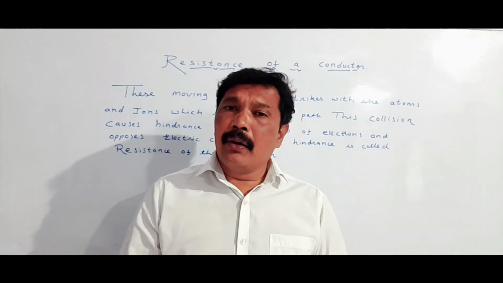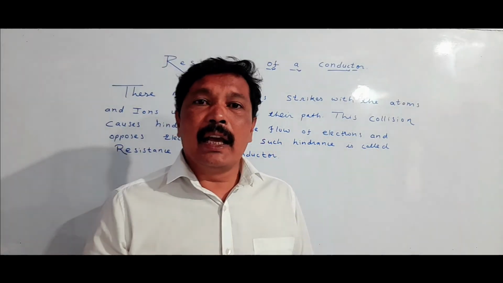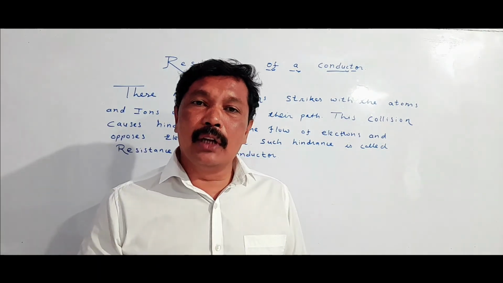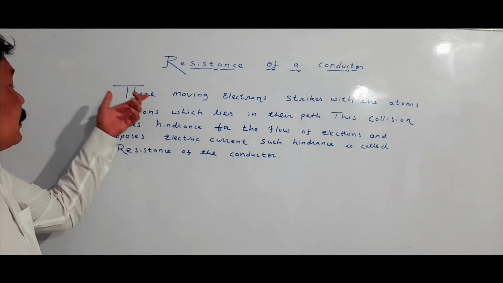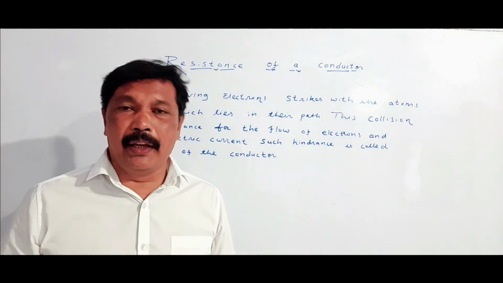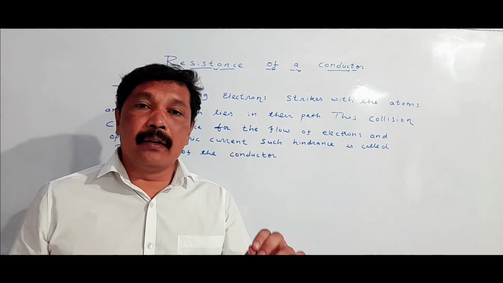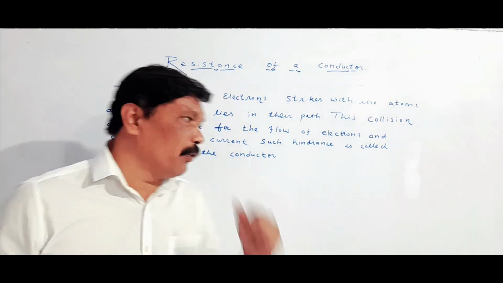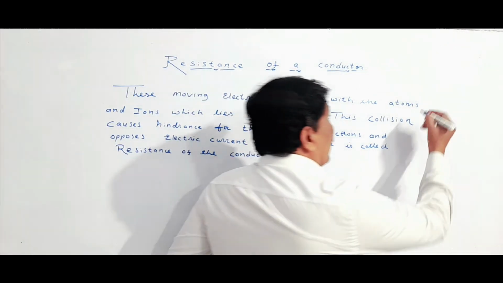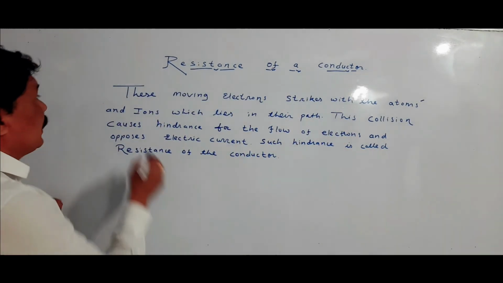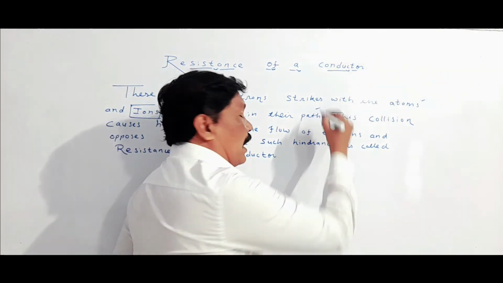My dear student, we have seen that the directional motion of free electrons causes an electric current to flow through the conductor. But my dear student, when these electrons are moving, these electrons strike with the atoms and ions present in their path.